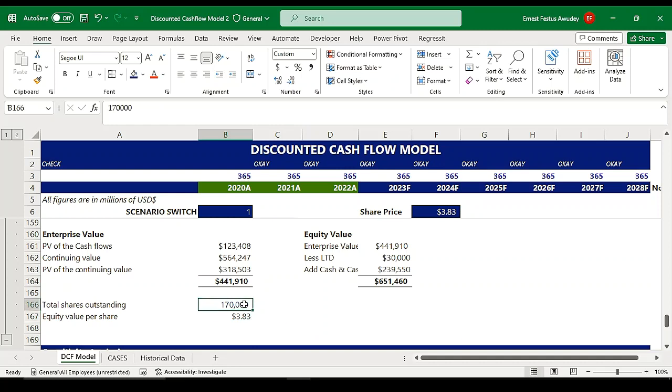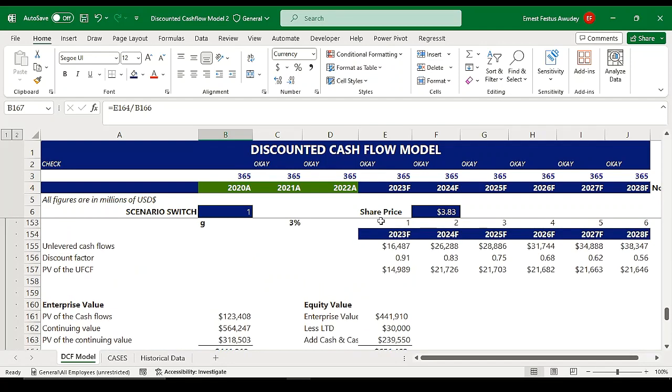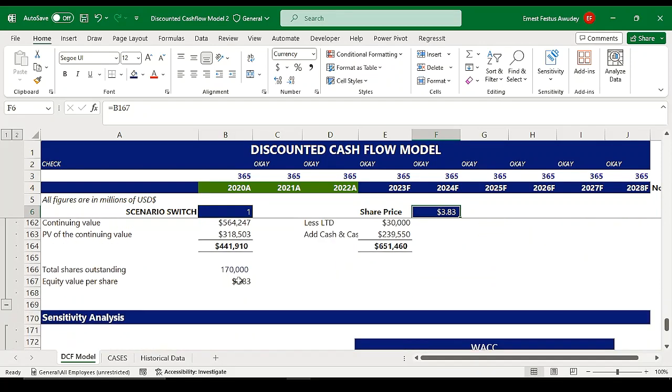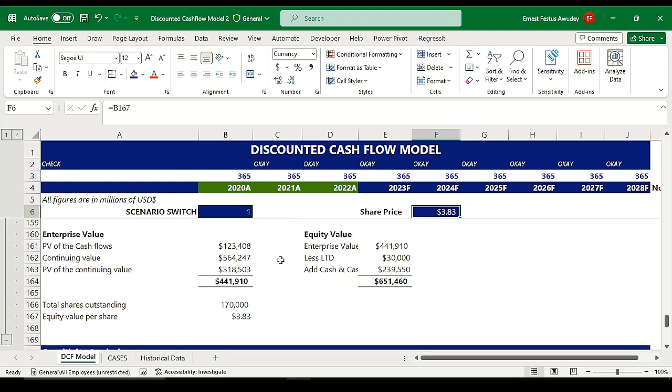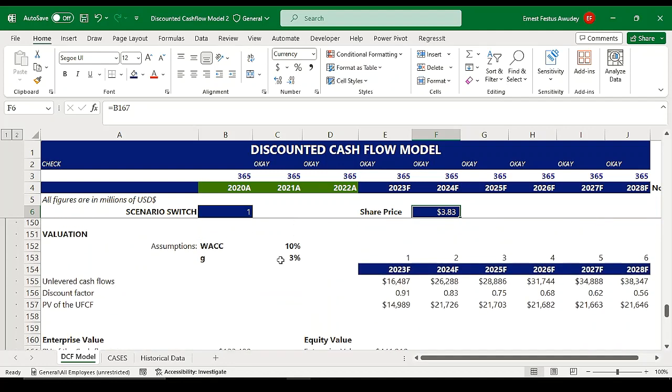Now, what we do in real life is that we usually pick this particular value, which we also call the intrinsic value per share, and then we compare it with the current share price, and then we see if there is undervaluation, overvaluation, or if the share is fairly valued. So that is what we use the discounted cash flow model to do.